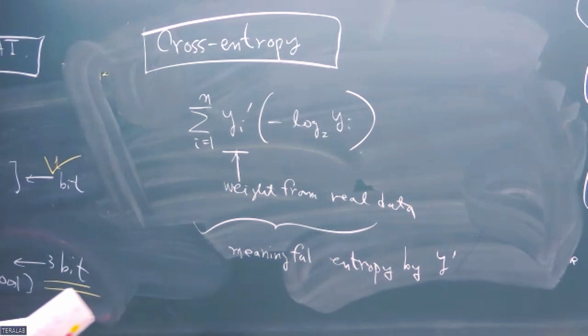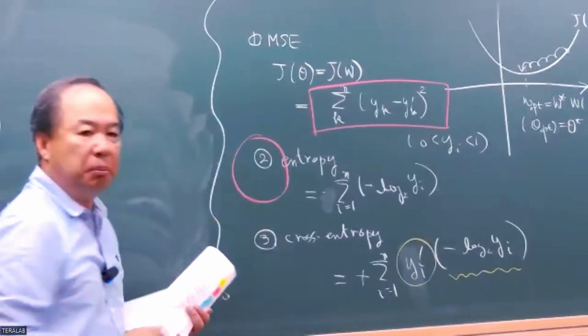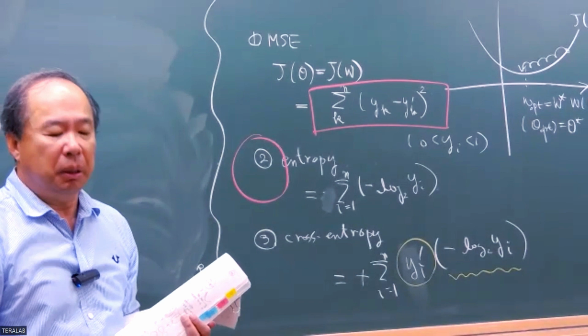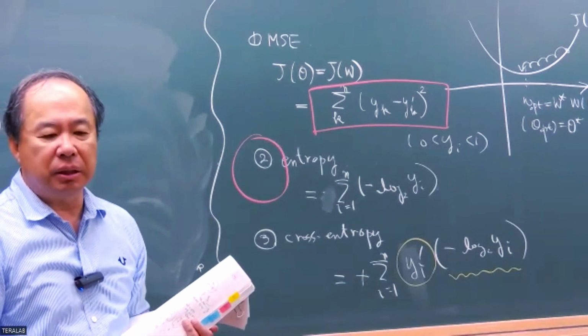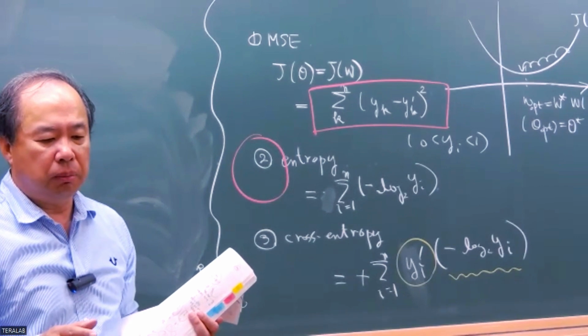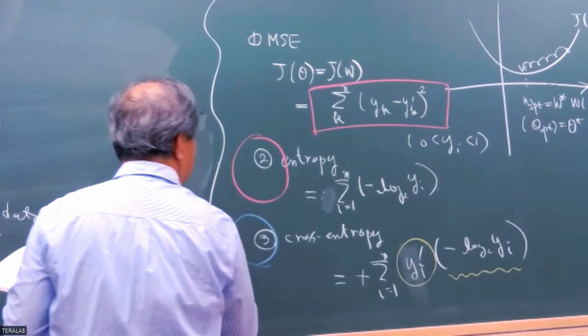In the previous loss function, I was talking about the meaning of entropy: just minimize the entropy, minimize the necessary amount of information by 2 bits. But next one is cross entropy.